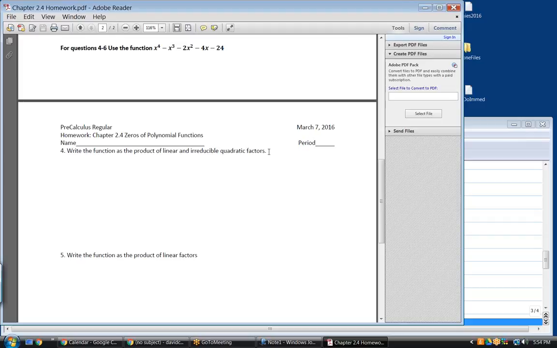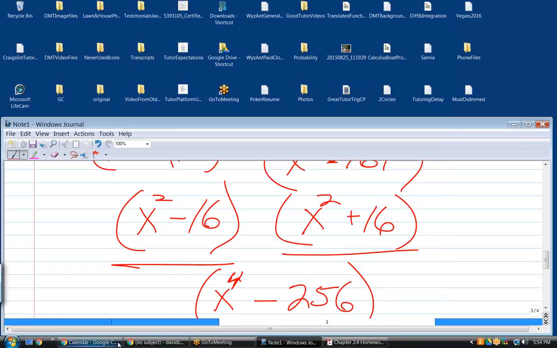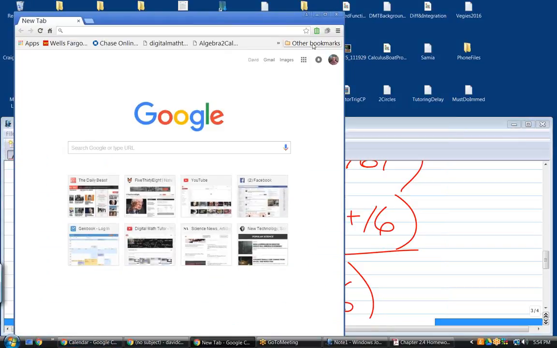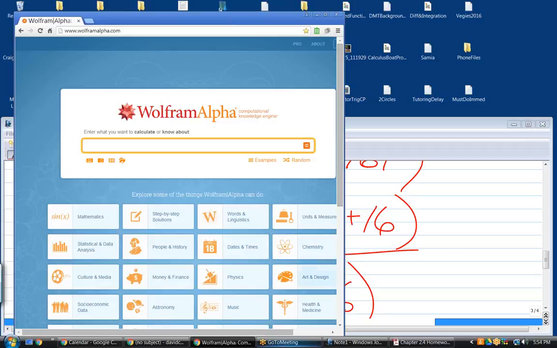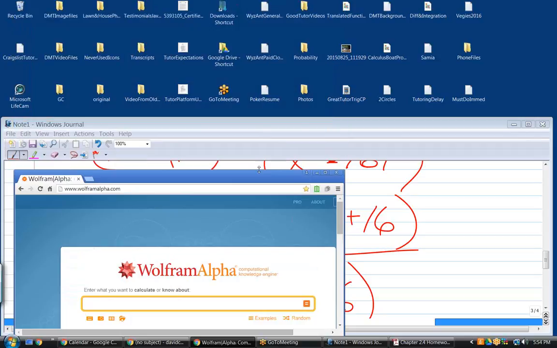The question is, how does he want you to do it? I think this is what you're saying about the calculator. Here's what the calculator is going to do. Here, let me use my Wolfram Alpha, and I'll show you, like finding the zeros. In other words, that is going to be a tremendously difficult task if we have to use the rational factor theorem.